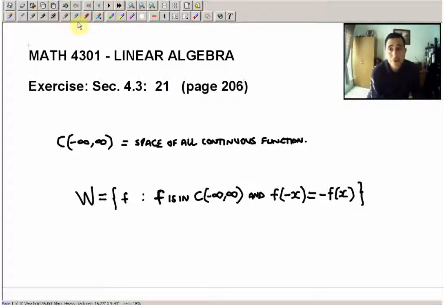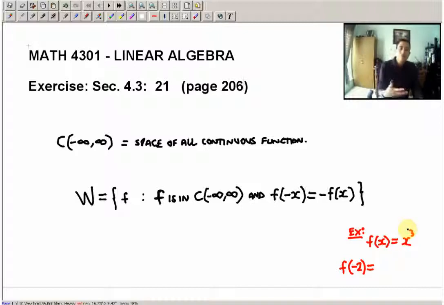In case you're curious, what would be an example of an odd function? Here's an example: f of x equals x cubed. That's an odd function. Why? Because if I plug, for example, negative 2 in there, it will be negative 2 cubed, which is negative 8.